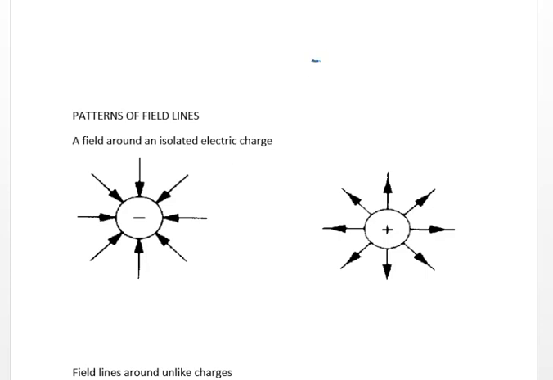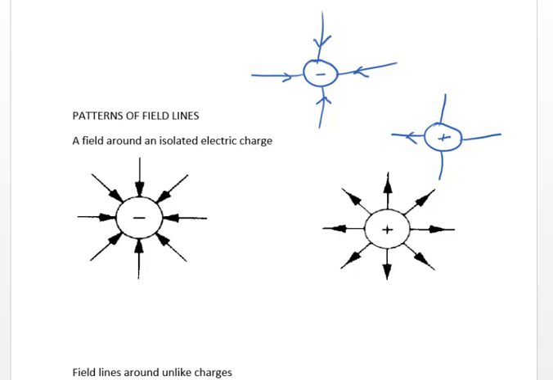So if we have a negative charge, we will have something like this. They are coming in. If it's a positively charged particle or object, we will have something like this.